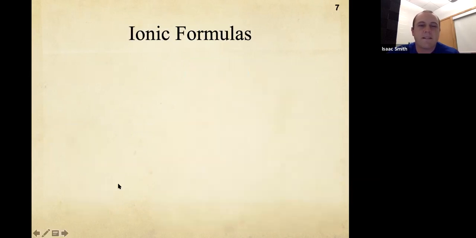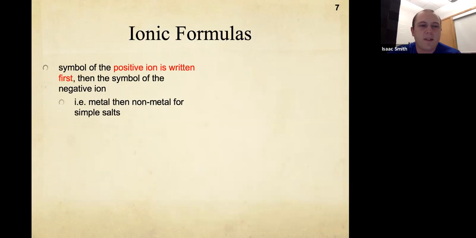All right. So we'll talk about formulas now, and looking at ionic bonds and how we write out the formula, and also we'll talk about how to name those different formulas. Okay, so the first elemental symbol is going to be the positive ion, and then you're going to have the symbol of the negative ion, okay?